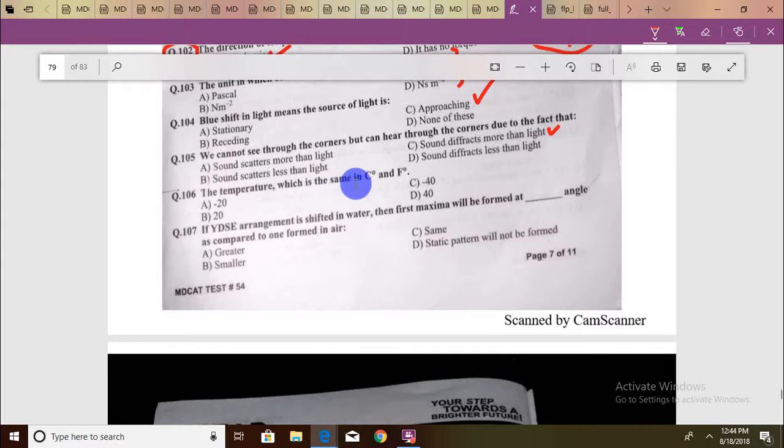So temperature, which is the same in degrees Celsius and in Fahrenheit. Some people actually remember this, but there is a way of figuring it out. So how do we convert from one to the other? We have a formula, thankfully.